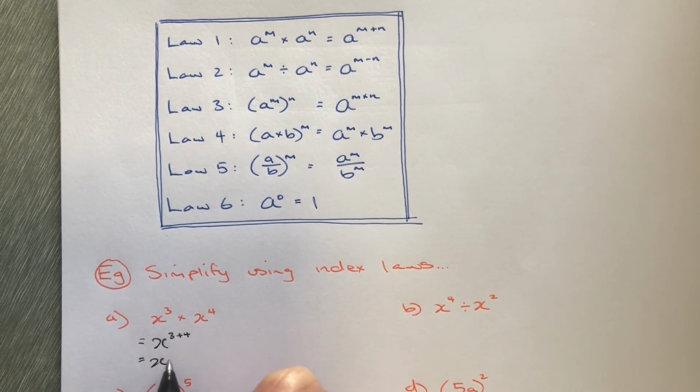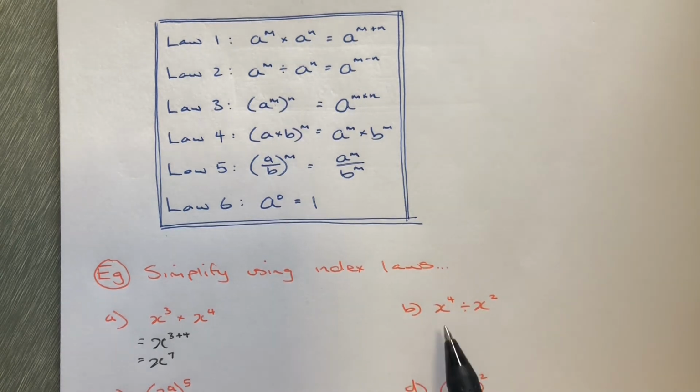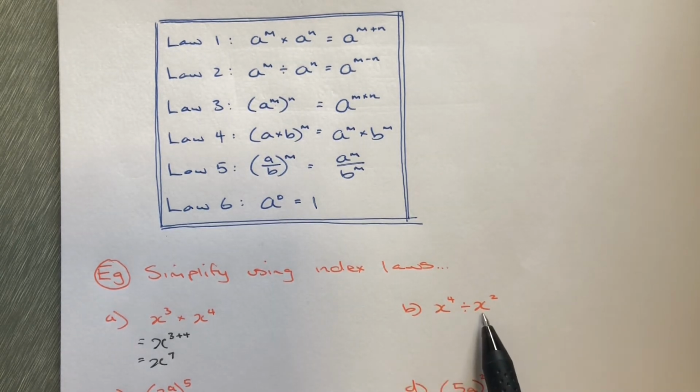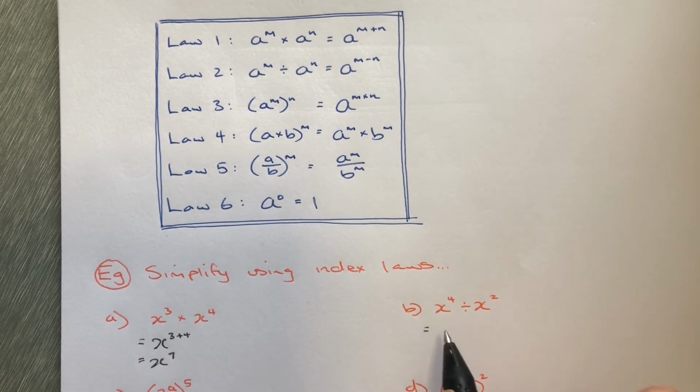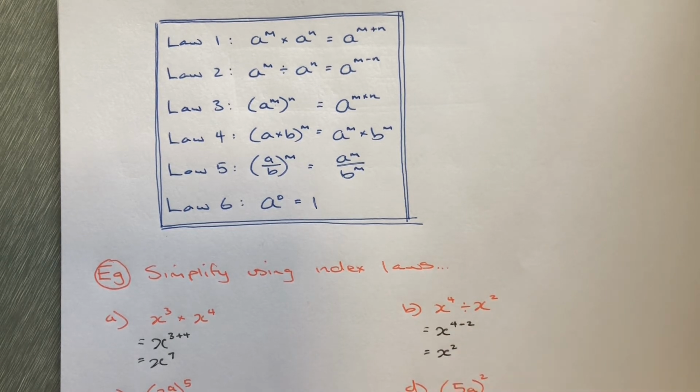So the answer is x to the power of 7. Done. Now let's go to B, and that's using law number 2. So we have a certain base divided by that same base. So that's going to be x to the power of 4 minus 2. So that gives us x squared as our answer.